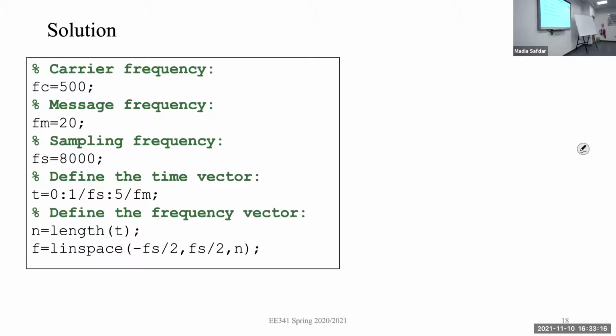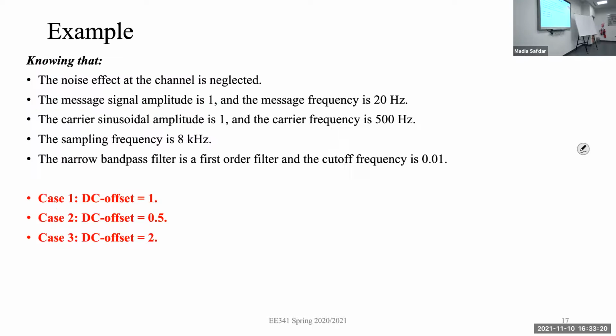The question is, some part is missing. So then it's here. See this? The carrier frequency, I put this here because this part is not available. No, don't change. It's the same. See, carrier frequency is 500 and amplitude is 1. Then message frequency is 20 and amplitude 1.